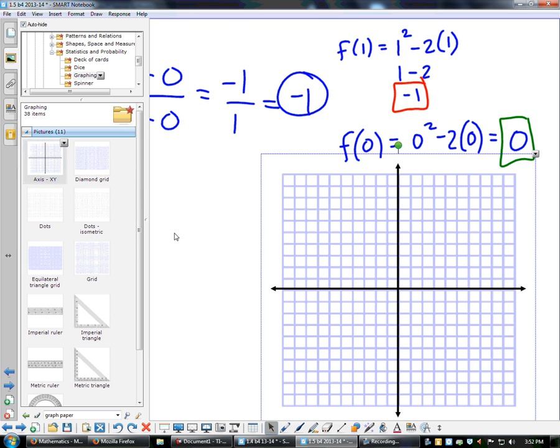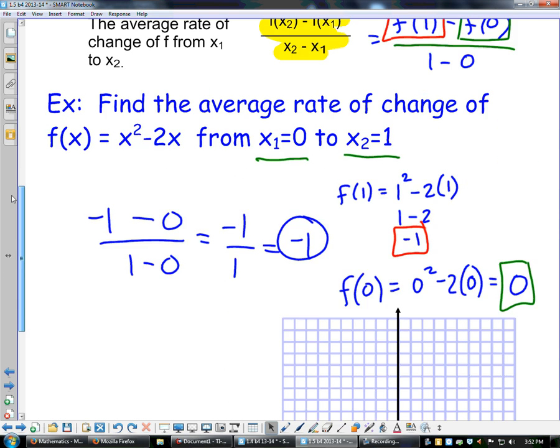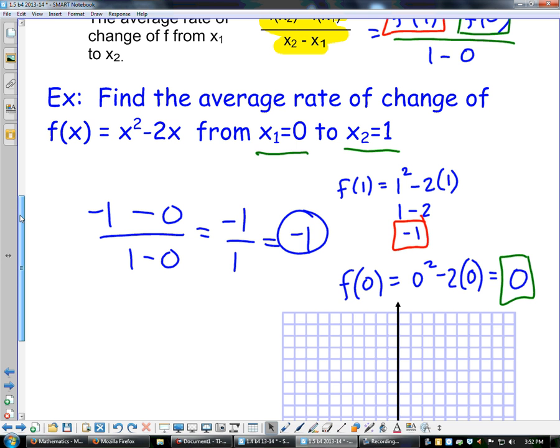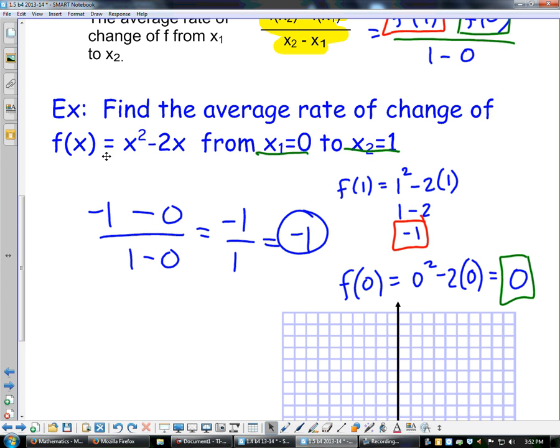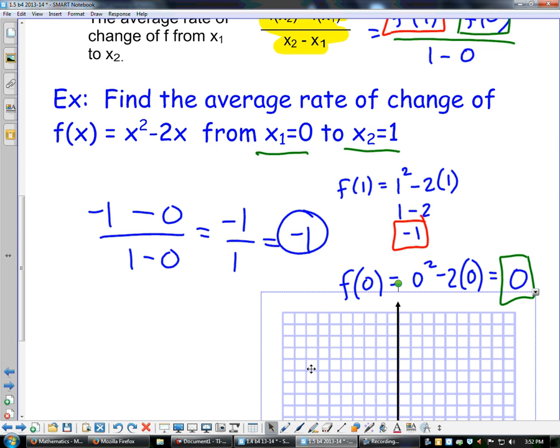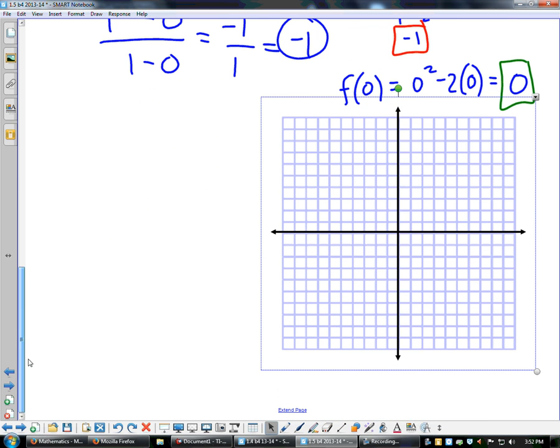Okay, so if we were going to graph this function, f of x equals x squared minus 2x, we could factor out an x, so this would be x times x minus 2.